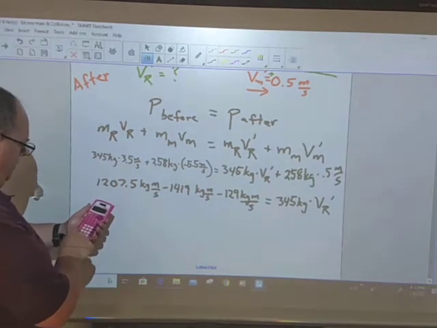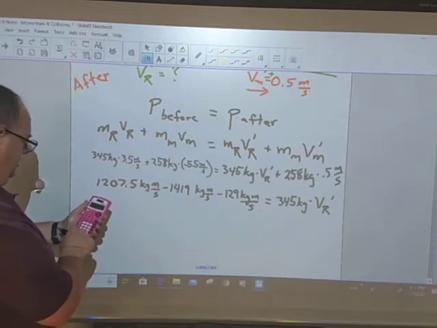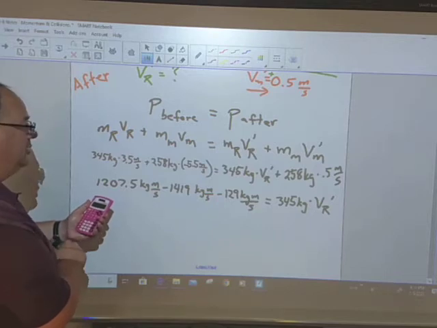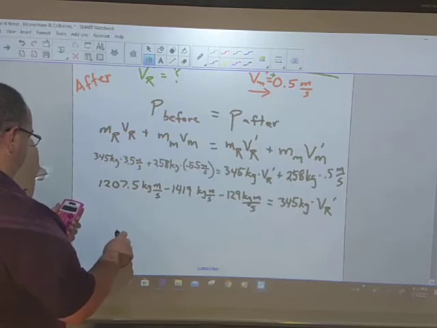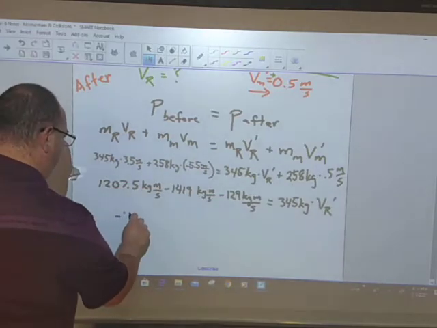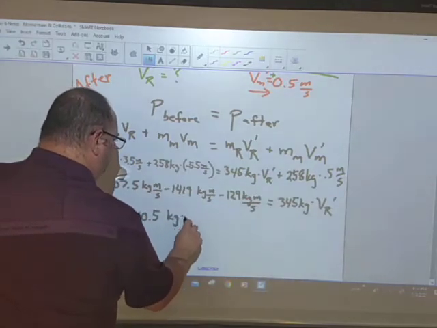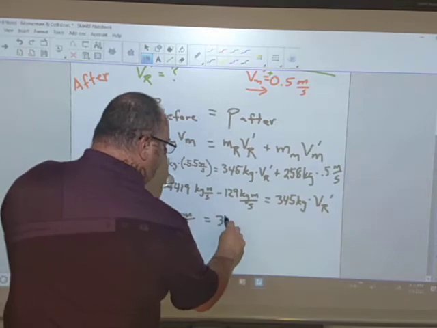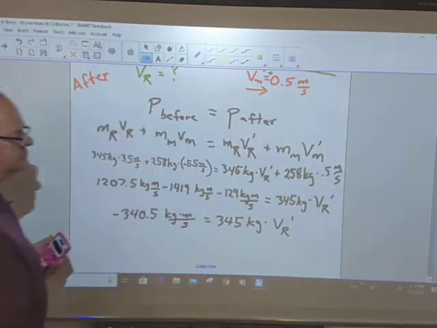So 1207.5 minus 1419 minus 129 equals negative 340.5 kilograms times meters per second equals 345 kilograms times VR prime.